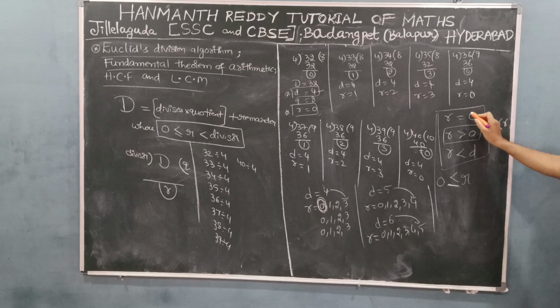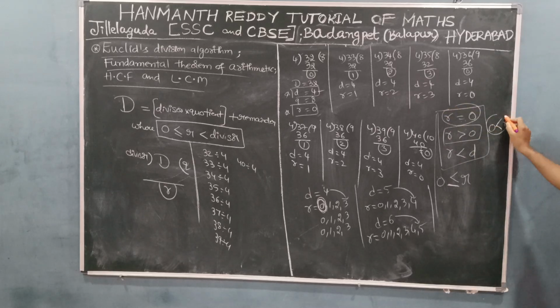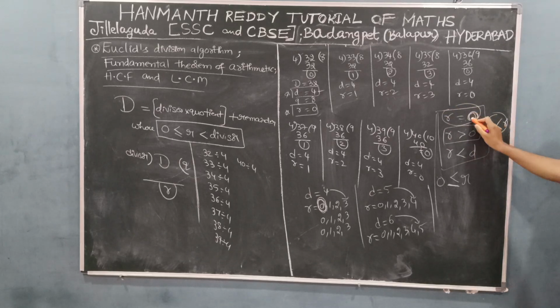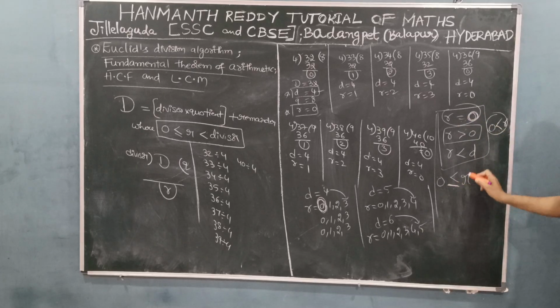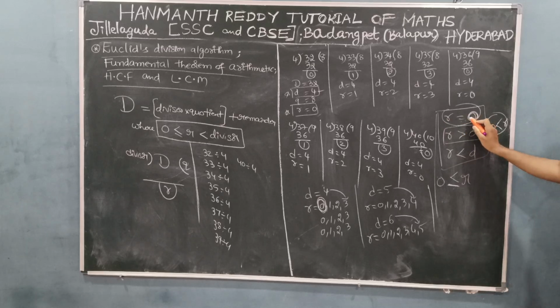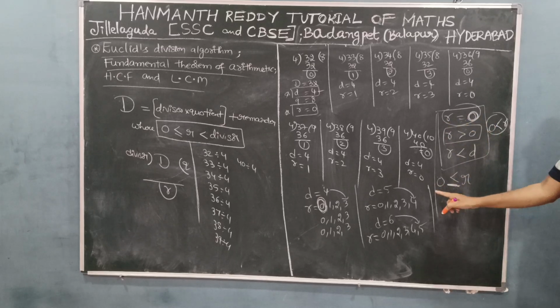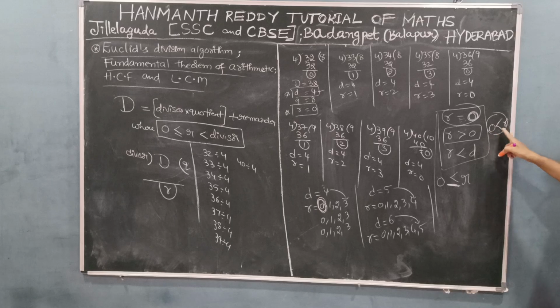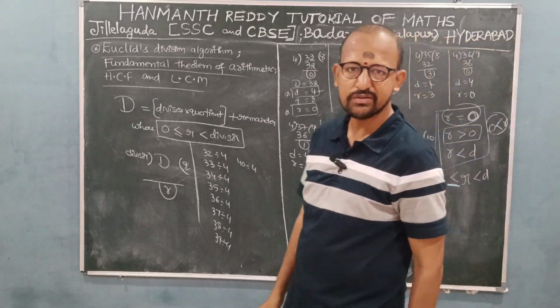Combining these two conditions, 0 is less than or equal to remainder, and the remainder is less than the divisor. Combining all these conditions, we get the condition in Euclid's division algorithm.